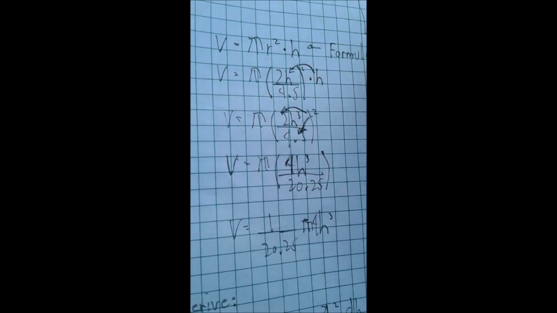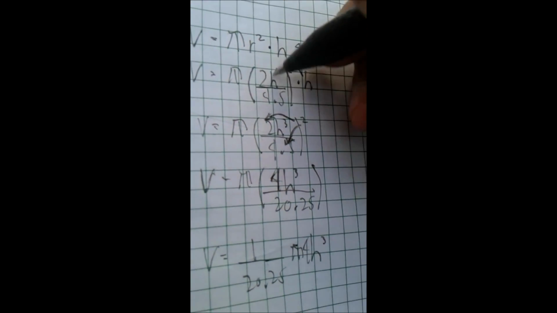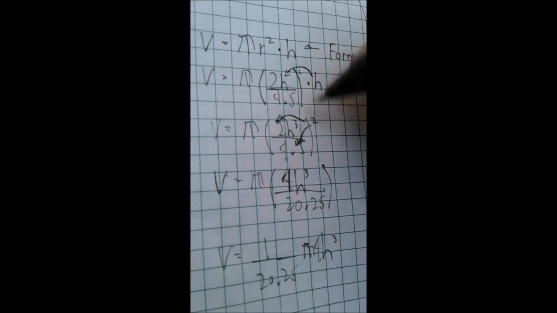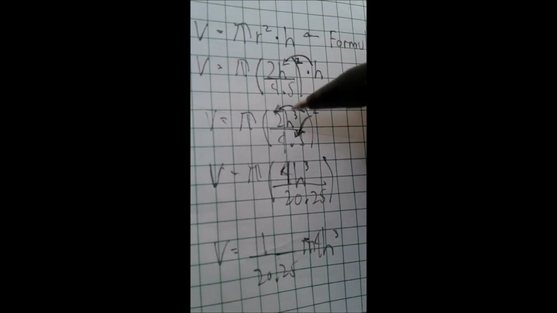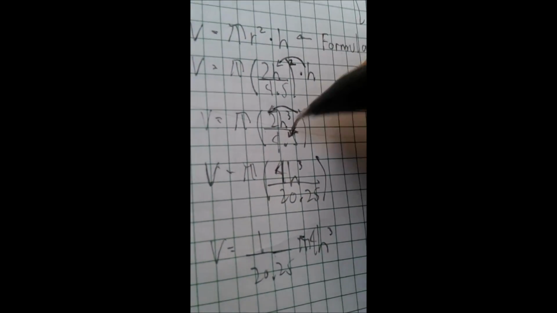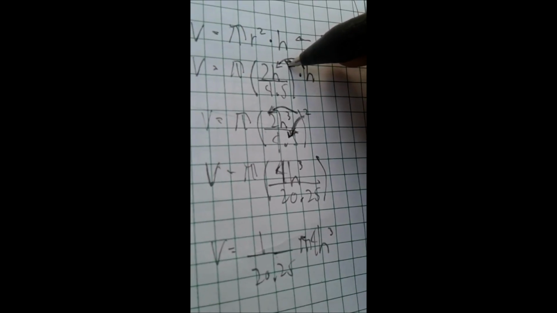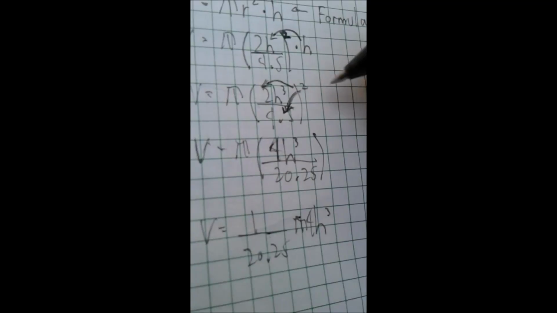So, that's our radius. The second step of the equation would be to substitute that value for r itself. Move on here: 2h over 4.5 squared. Move on to the third step of the equation. We need to distribute that little exponent to all the values given, 2h and 4.5.